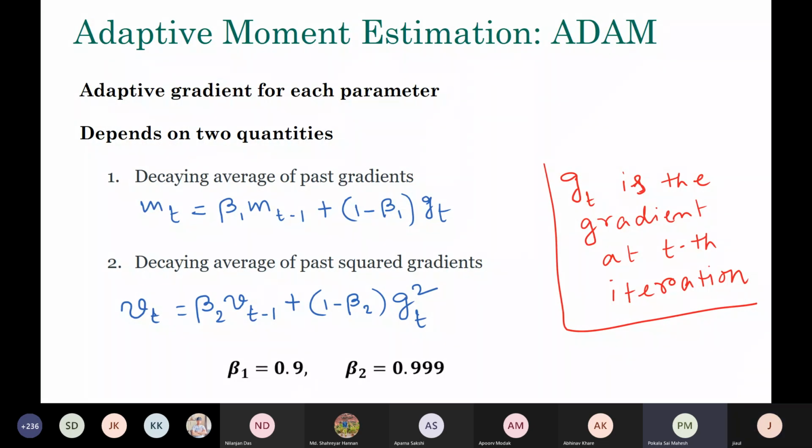Because the earlier batches will have b to the power m minus 1, where m is the number of batches, and the latest one will have just 1 minus b. So are we not saying that the older batches are less important?